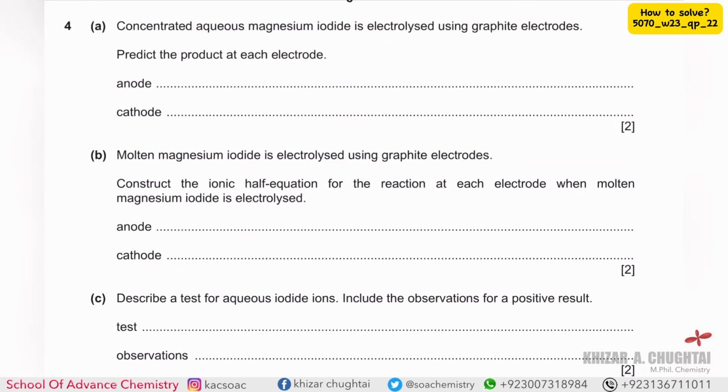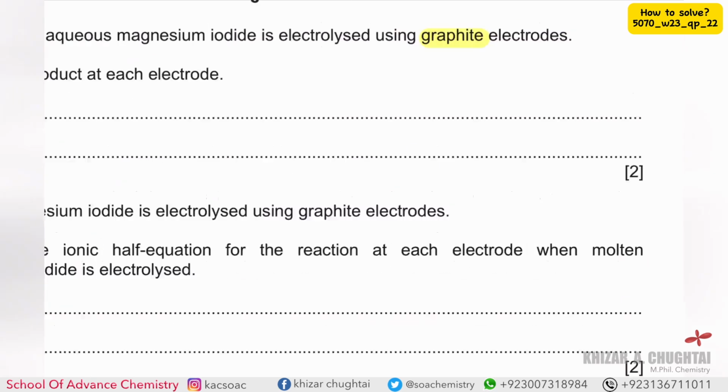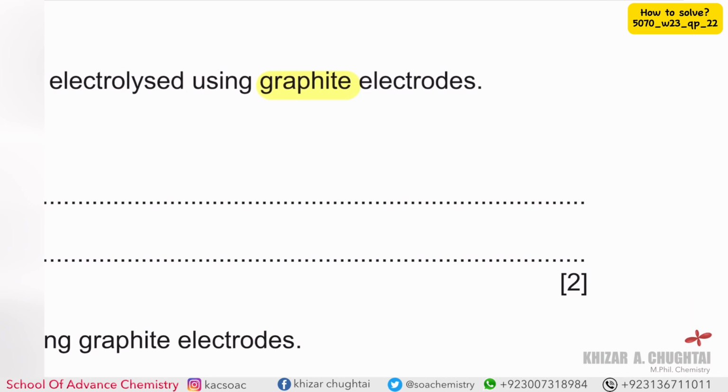Concentrated aqueous magnesium iodide is electrolysed using graphite electrodes, graphite being inert electrodes. Predict the product at each electrode, anode and cathode. Again, I'm going to use the Khizr rule. Let me check how many different ions are present.